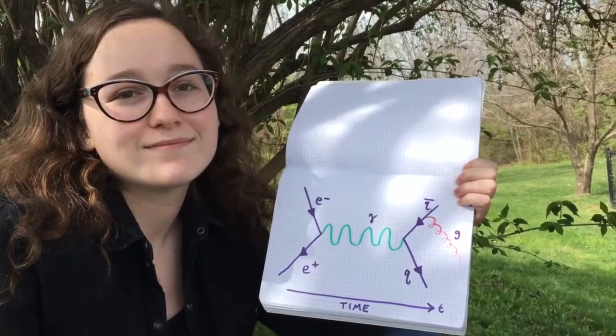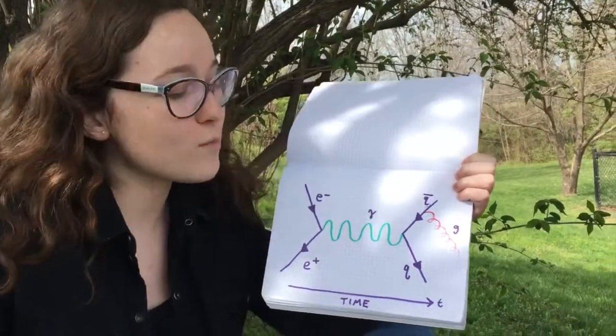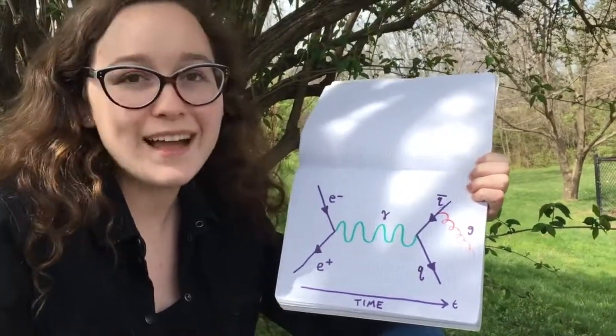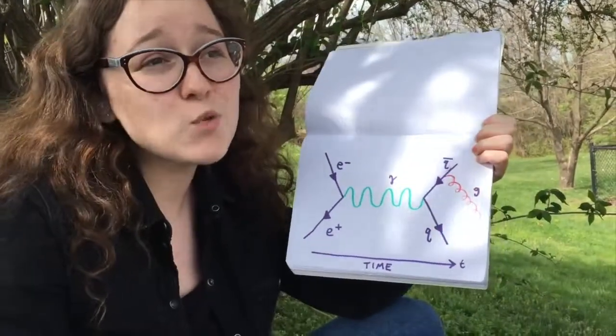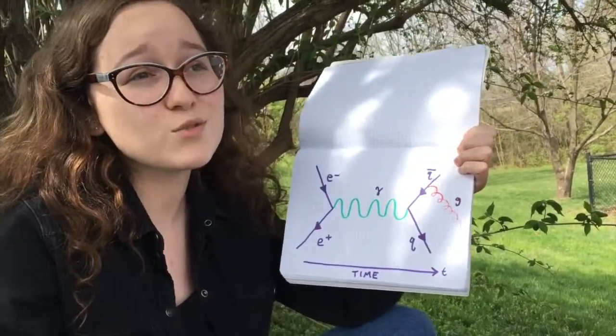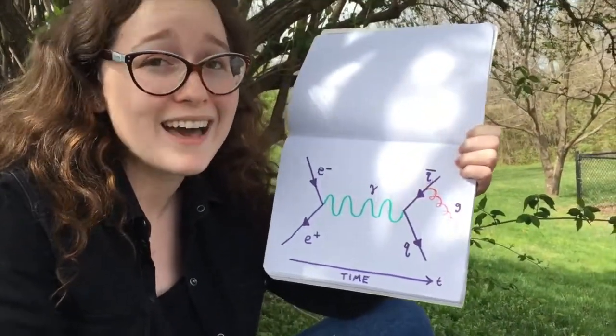So, I've heard a little bit about your Feynman diagrams. Could you elaborate on what those diagrams consist of? So what we got here is a Feynman diagram. Now, Feynman diagrams are a visual representation of the interactions between subatomic particles.